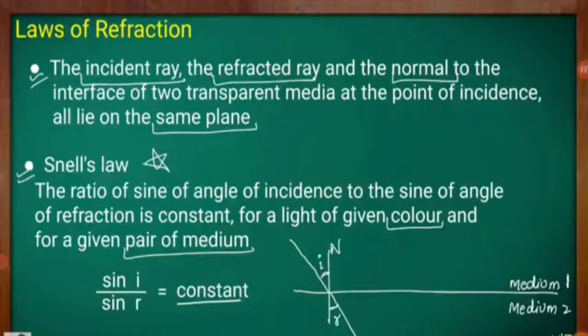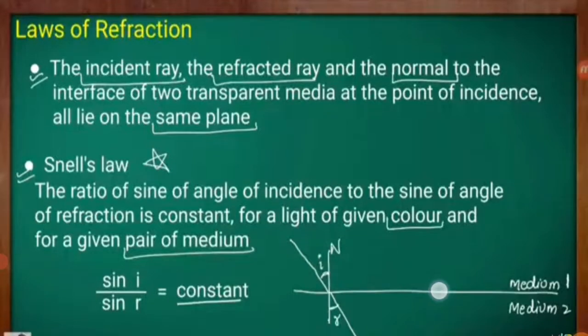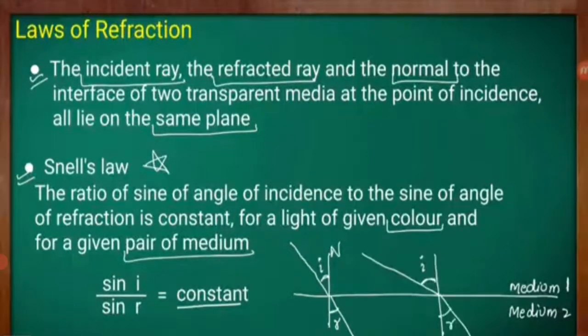Suppose I have taken an example. Here I have drawn a normal. This is the angle of incidence i. Then after refraction, it is refracted through the angle of refraction r. Now consider this ratio, sin i by sin r, which gives some constant. As I increase the angle of incidence, the angle of refraction also changes.